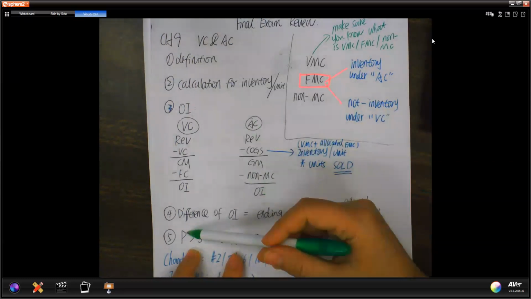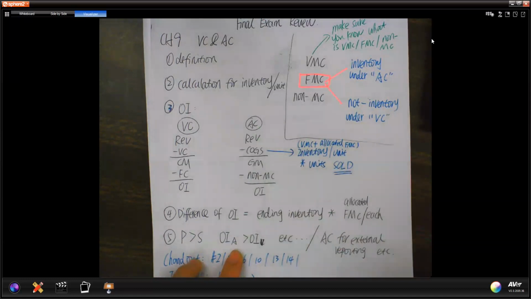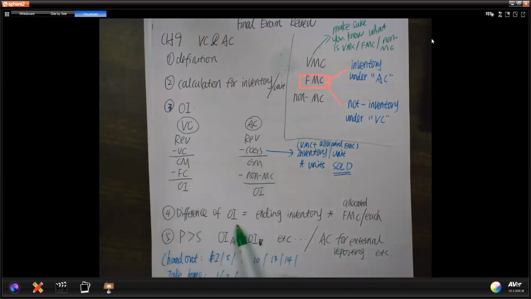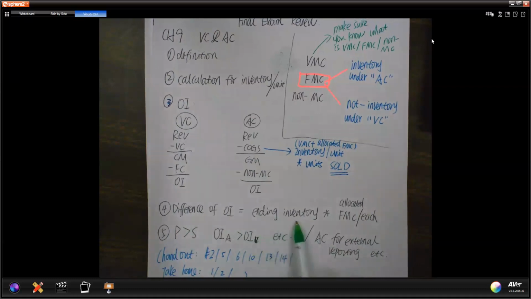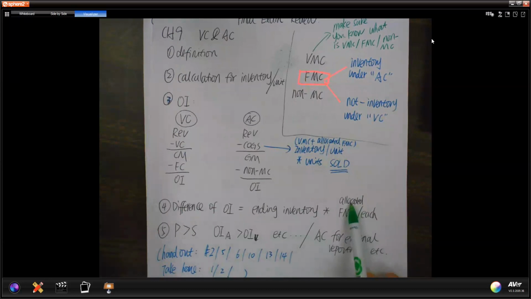So when you produce more under absorption costing, your total expense is less. Part of the expense is deferred as your ending inventory. So we said the difference will be your ending inventory units. You produced 5, you only sold 3, your ending unit is 2, times the allocated fixed manufacturing cost per unit.